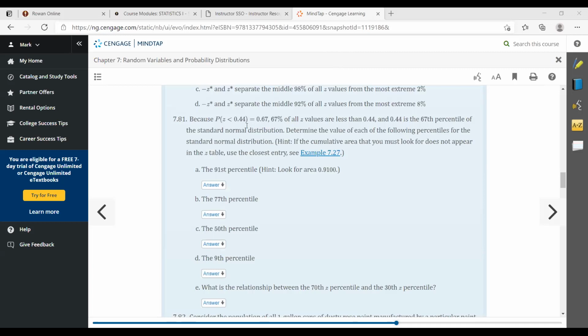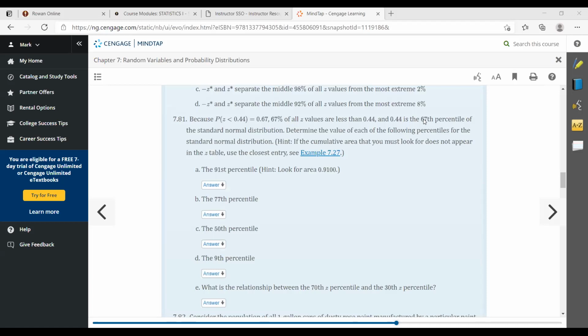For example, here it says the probability that z is less than 0.44 is 0.67. That means that 0.44 is the 67th percentile. 67% of the area is to the left. 67% of the probability distribution is to the left. All right, get the idea? Cumulative area, percentile, and area to the left all mean the same thing.